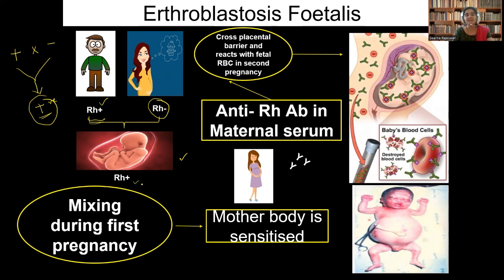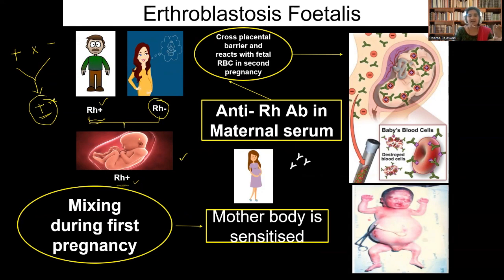Normally, the babies will be having the blood of the mother, but nature sometimes favors the dominant thing. So if the baby is Rh positive, then what happens? This baby, which is Rh positive, in the first pregnancy is not a danger to the baby as well as the mother. But what happens in the second pregnancy?